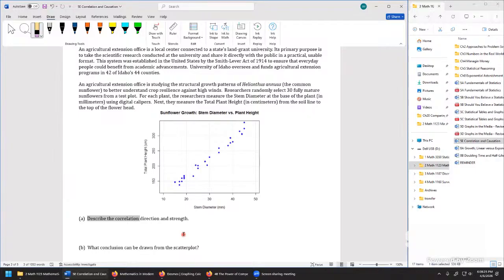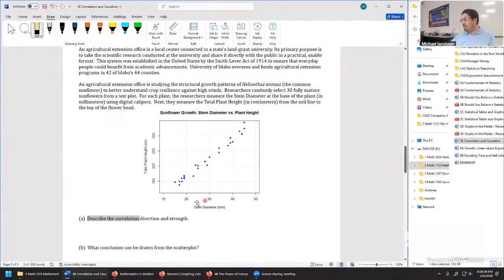Positive correlation? Yeah, absolutely. As the stem diameter, the trunk right at the ground level, gets higher and higher, well, the plant is getting higher and higher itself. That's something we would expect to see from plants, sunflowers ordinarily in nature, or even just say trees, for example.